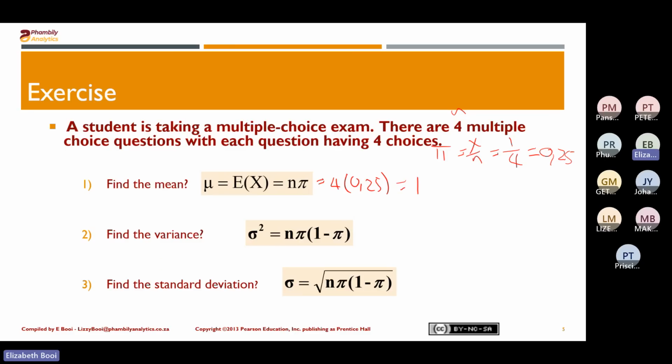And to find the variance, the variance is the sample size times the probability of success times the probability of failure. Therefore, it is 4 times 0.25 times 1 minus 0.25. Let me find my calculator so that we can calculate. Just give me a second.